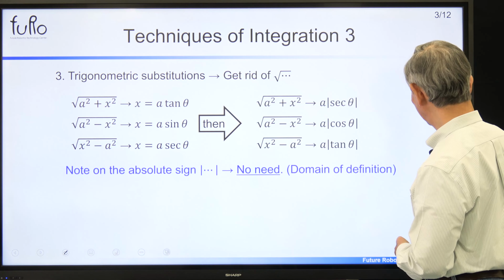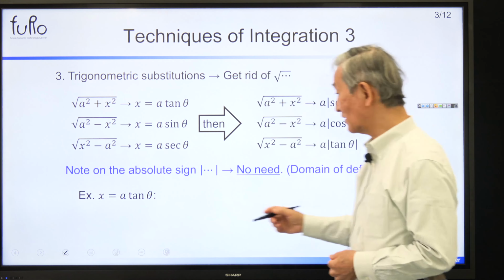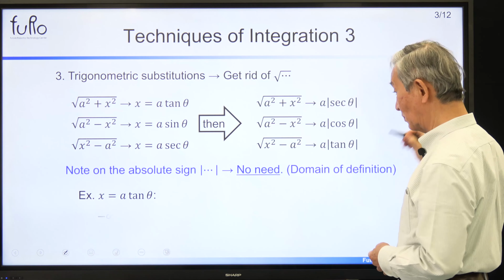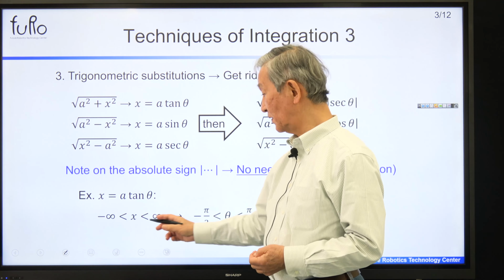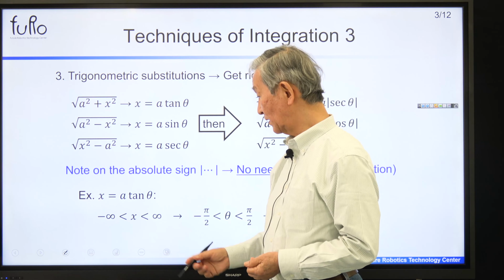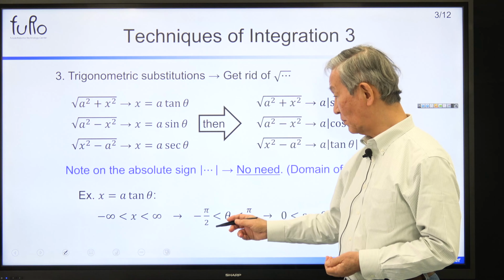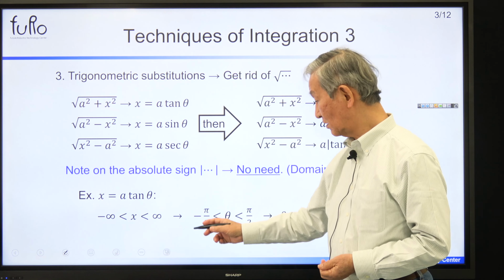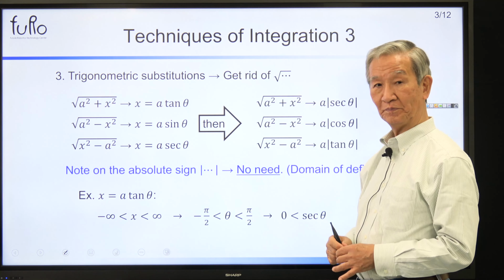Domain of definition? Yes. If you set x equal to a tangent theta, then x, of course, moves from minus infinity to infinity. And for that definition, if you remember, theta only varies from minus 1/2 pi to 1/2 pi.